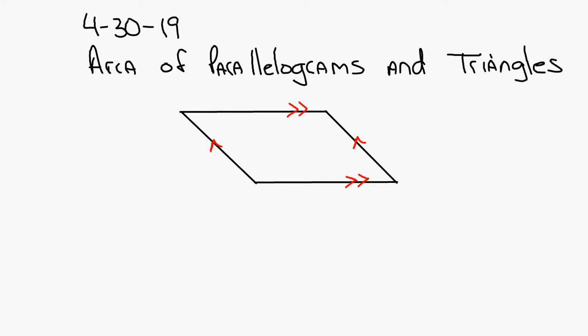This red dimension right here, this vertical dashed line, if it's perpendicular to this base, if it's perpendicular to the bottom of the parallelogram, then it's also perpendicular to the top. That dimension is called the height.